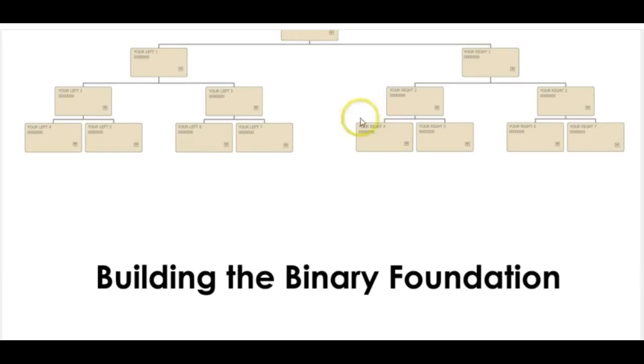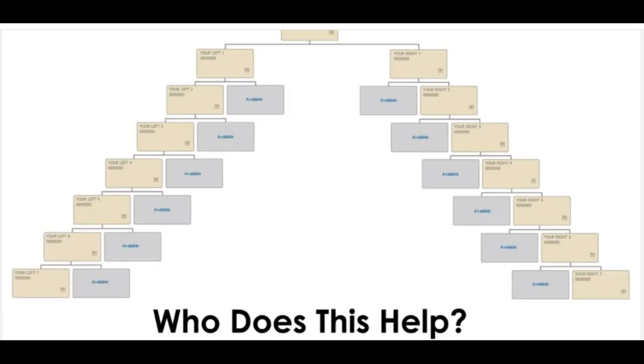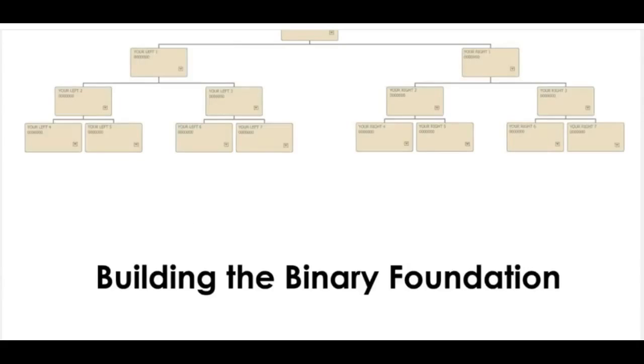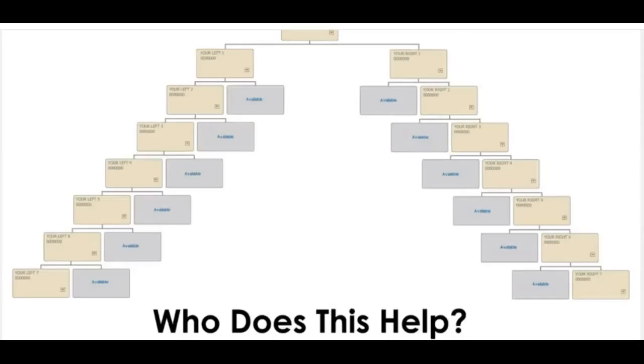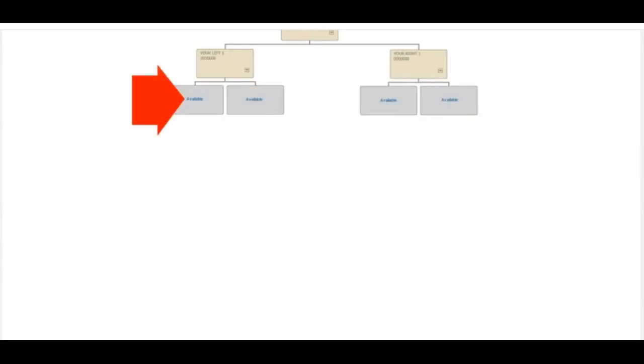So again, how do you get this type of structure? If you don't know how to do it any different way than the default way Total Life Changes shows you, I'm going to show you very quickly how you make this structure happen as opposed to this structure. So when you go back in your back office, like I showed you, and you go to graphic downline light, and this window pops up, you see these available boxes right here?